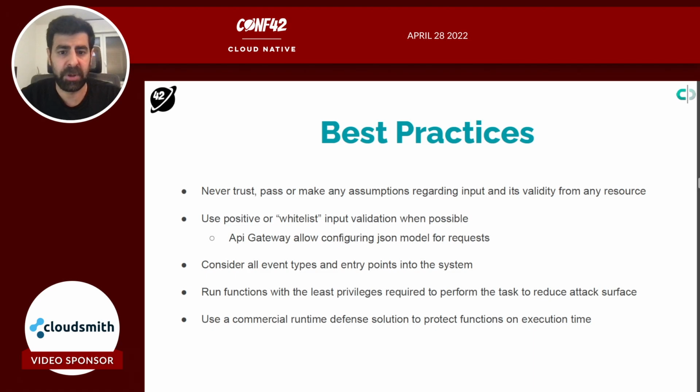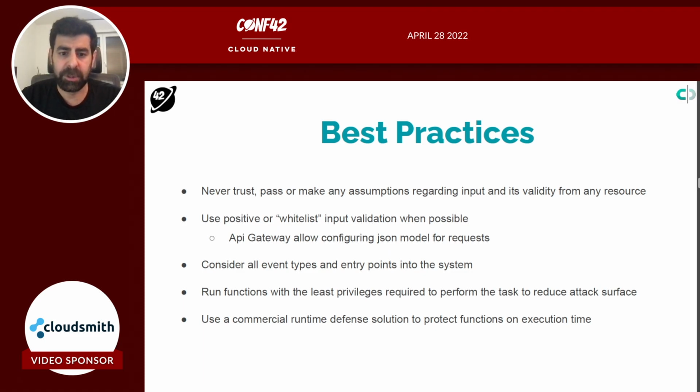So we need to use positive, so like whitelist, input validations inside the code. API Gateway can also allow configuring some JSON models to limit the type of request, but you have to make sure your code can secure itself. You have to consider all event types and entry points. If before voice command injection was not something you should think of, now you should.